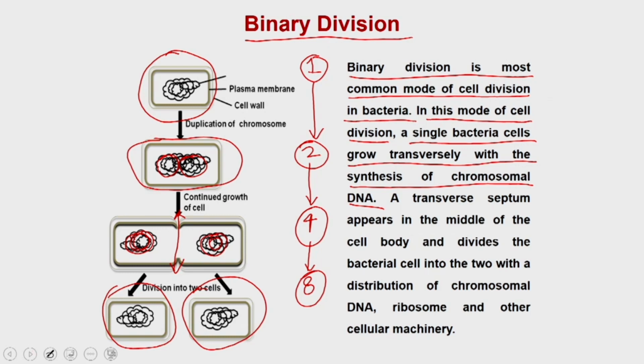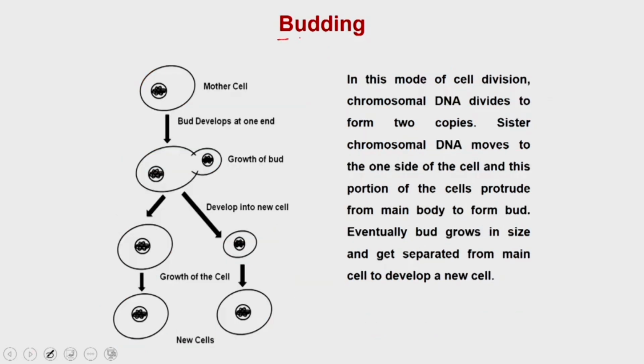Let us move on to the next one, which is called budding. As the name suggests, in budding you have a mother cell, which is the parent cell or the starting material. The genome replicates and moves to one corner of the cell, and that corner buds out in the form of a bud, and eventually this bud gets pinched off from the main cell.